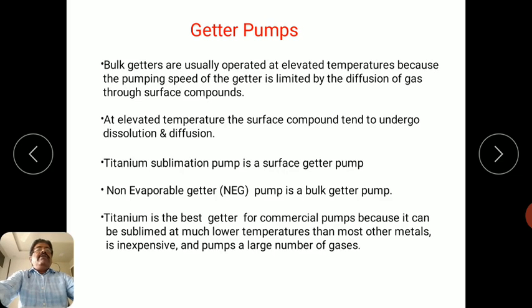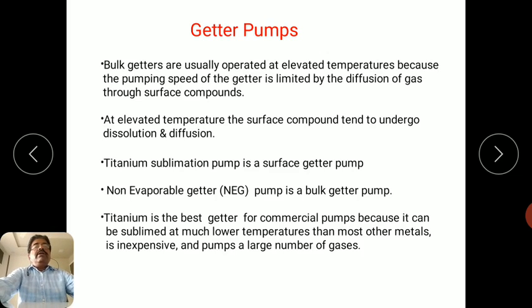One of the types that we are going to study as a getter pump is the titanium sublimation pump. It is a surface getter pump. Getter pumps can be divided into two types: either surface getter or bulk getter pump, depending on whether you have used surface getter material or bulk getter material.